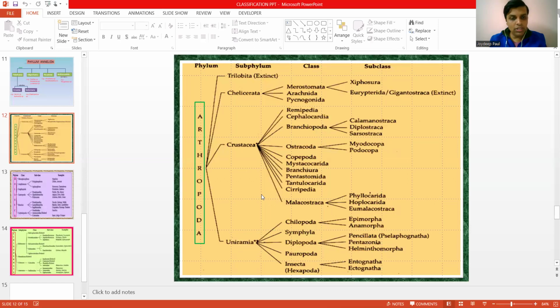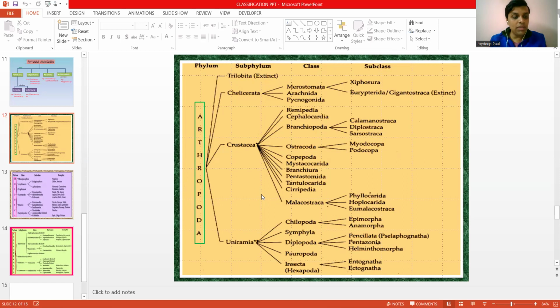But its importance lies in the fact that it contains the class Insecta, which by itself represents almost one third of all the described animal species, and that makes the Arthropoda phylum the biggest phylum of all.